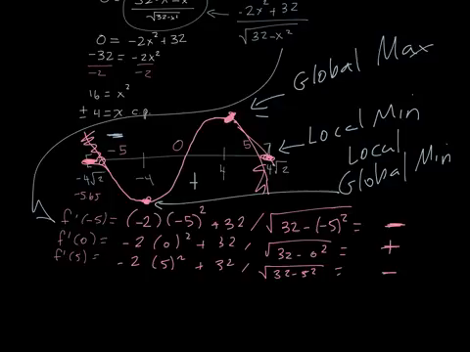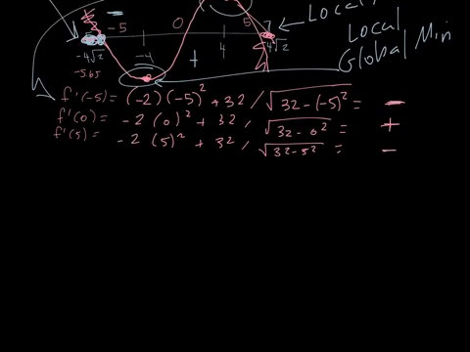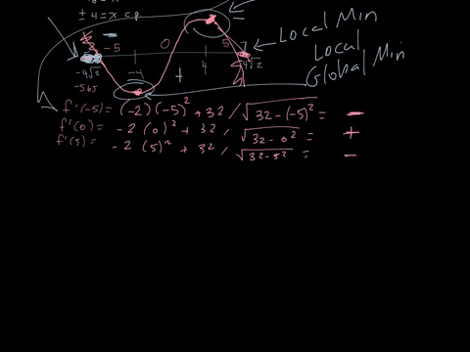And then I also have a local max at this piece, and at that piece right there. But then these are also global. I know you're so confused, so let's write this out so you can see.